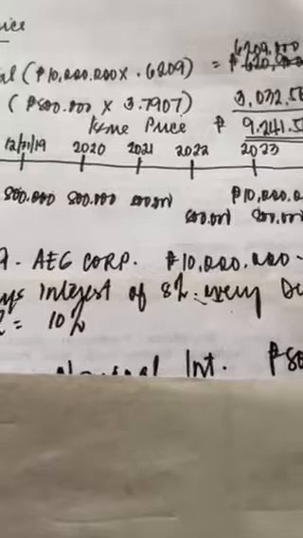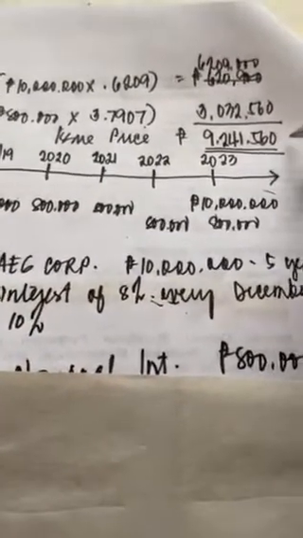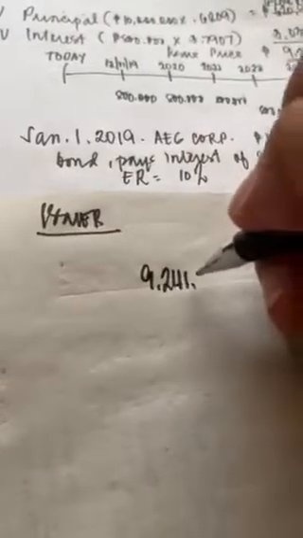Here, the amount that the issuer received from the investor is 9,241,000. So on January 1, the issuer is the recipient of cash, so he will debit cash for the amount that he received from the investor, that is 9,241,560, and then credit bonds payable.